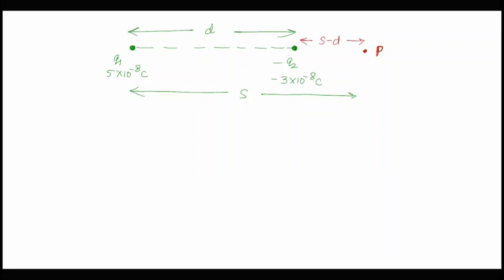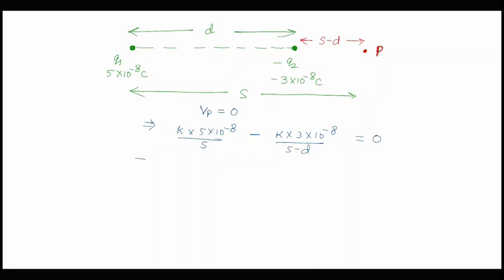So if I write the equation for this, again the potential is a scalar quantity. So if potential at P is equal to 0, then it is due to the positive charge, that is k 5 into 10 to the power minus 8 upon s, and the negative charge, that is k 3 into 10 to the power minus 8 upon s minus d, is equal to 0.